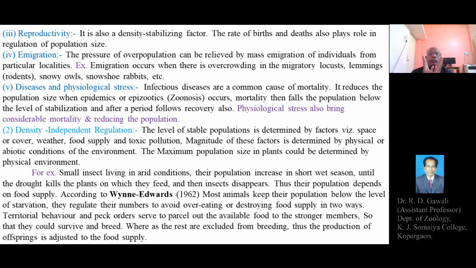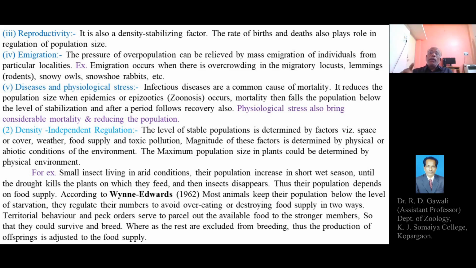Some species themselves control the population so as to avoid starvation in two ways: territorial behavior and peck orders. Territorial behavior and peck orders serve to parcel out the available food to the stronger members.